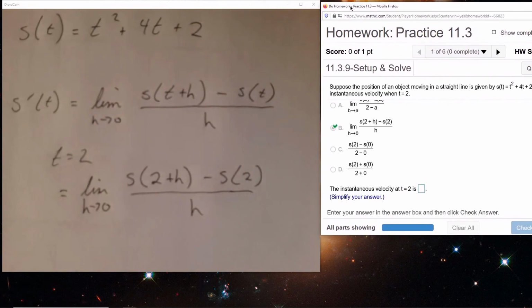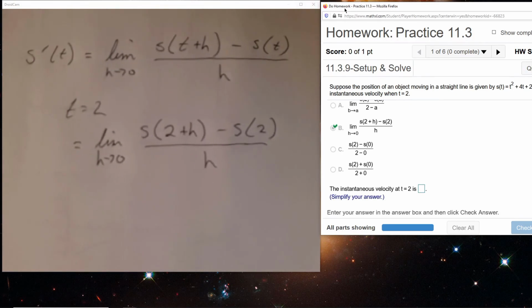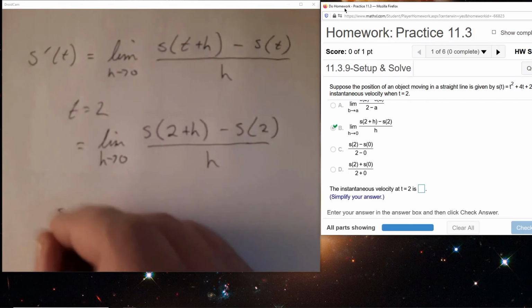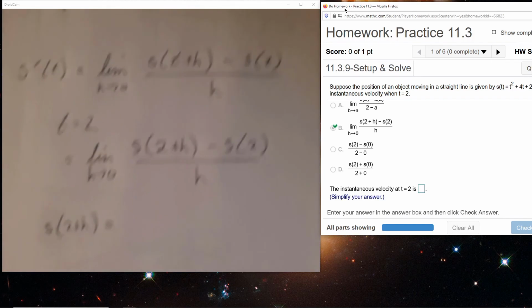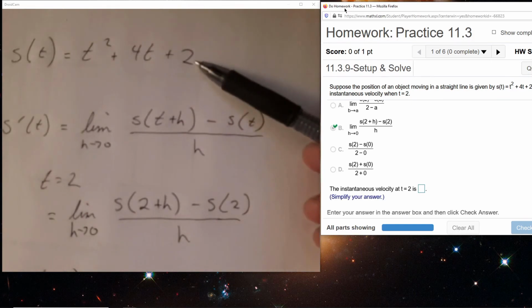That means take the derivative, and that's what we're doing with the limit definition here. So in order to do this, we're going to need to know, well, what is s of 2 plus h? And we'll plug that into the original function up here.